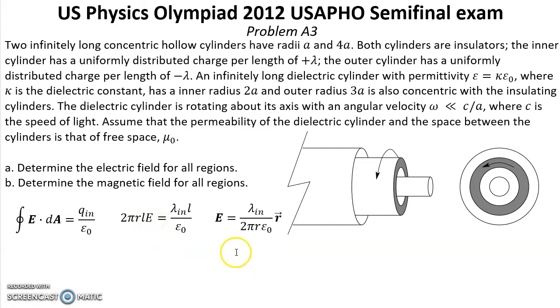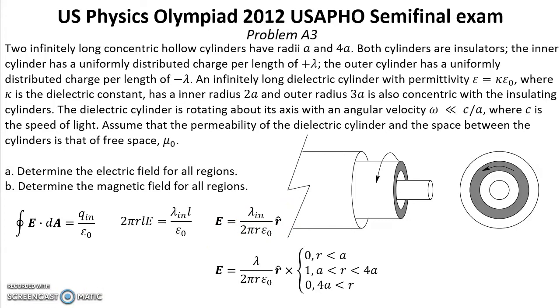So the electric field equals lambda inside of this cylinder divided by 2 pi r epsilon 0 and multiplied by the unit vector r radial to this construction.